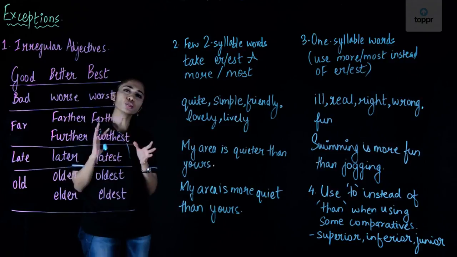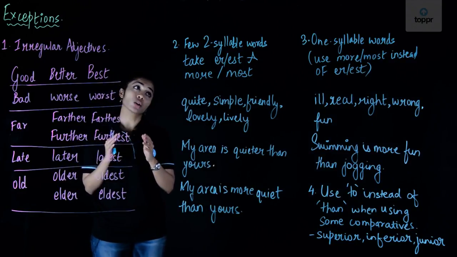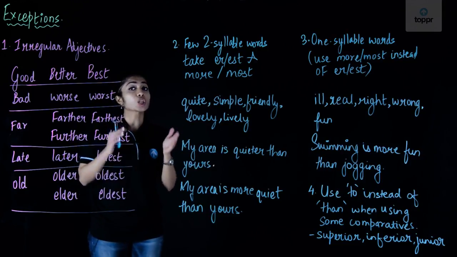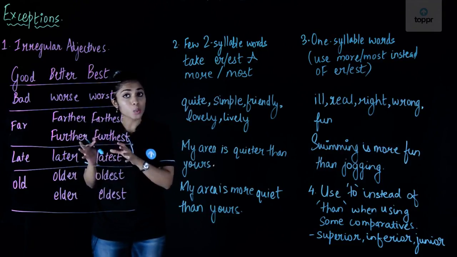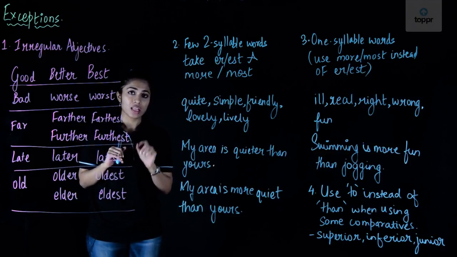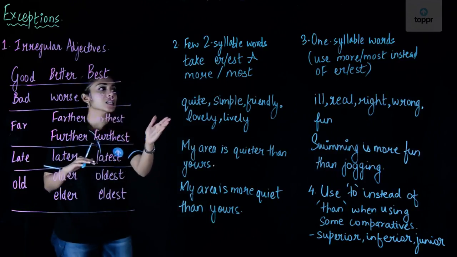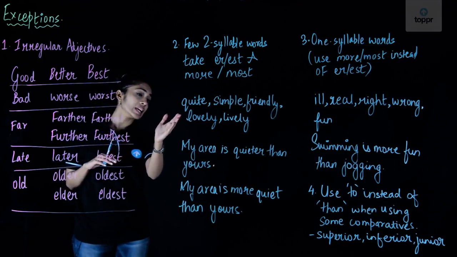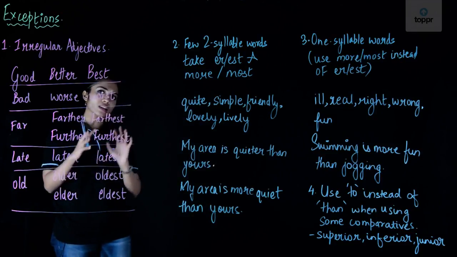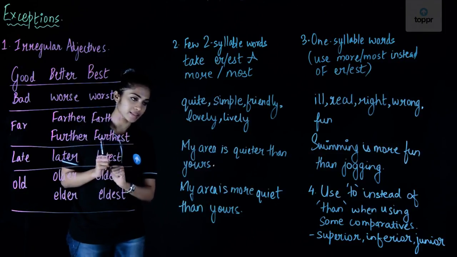Now there are few two-syllable words that take ER and EST. And we can also add more and most while forming their comparatives and superlatives respectively. Let's look at a few of these words. The words are quiet, simple, friendly, lovely, lively. So let's understand this exception better with the help of these example sentences.